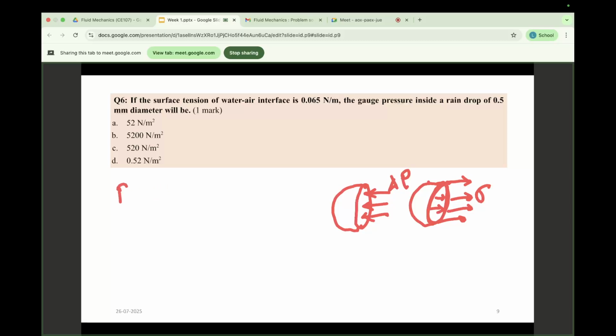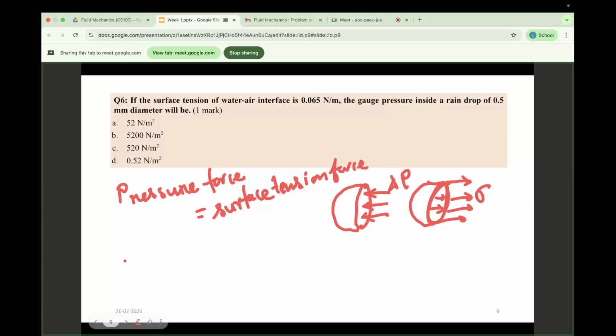So we can write pressure force equal to surface tension force. The pressure is del P, and since it's force, we multiply by the cross section area.